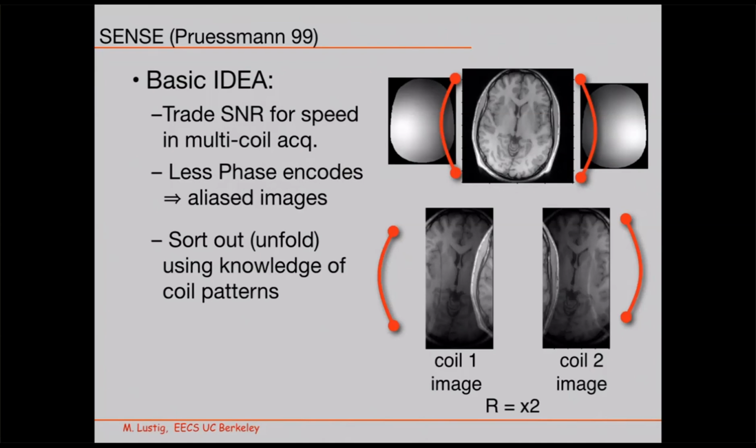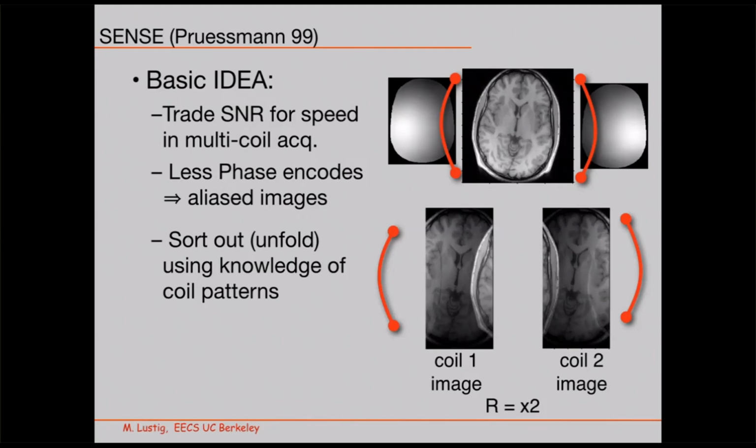So the basic idea is that multiple coils give you more SNR, so you trade the SNR for speed in a multi-coil acquisition. We're not going to skip readout points. Along the readout direction, it doesn't make sense to remove measurements because we already collect them. There's no point in discarding them and then reconstructing them, right?